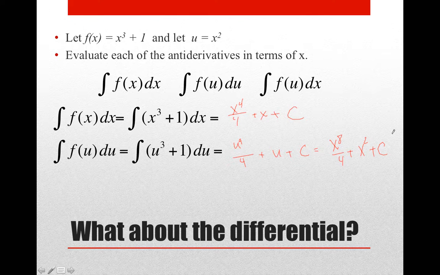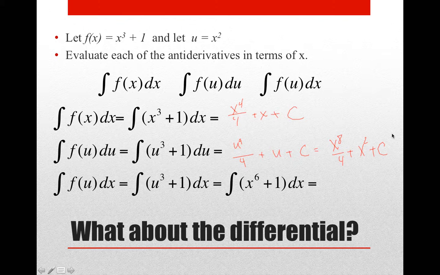And the last question, if I want to do f of u dx, that's a little bit more challenging because I start off with u cubed plus 1, but then I actually have to plug in x so I can anti-differentiate with respect to x.